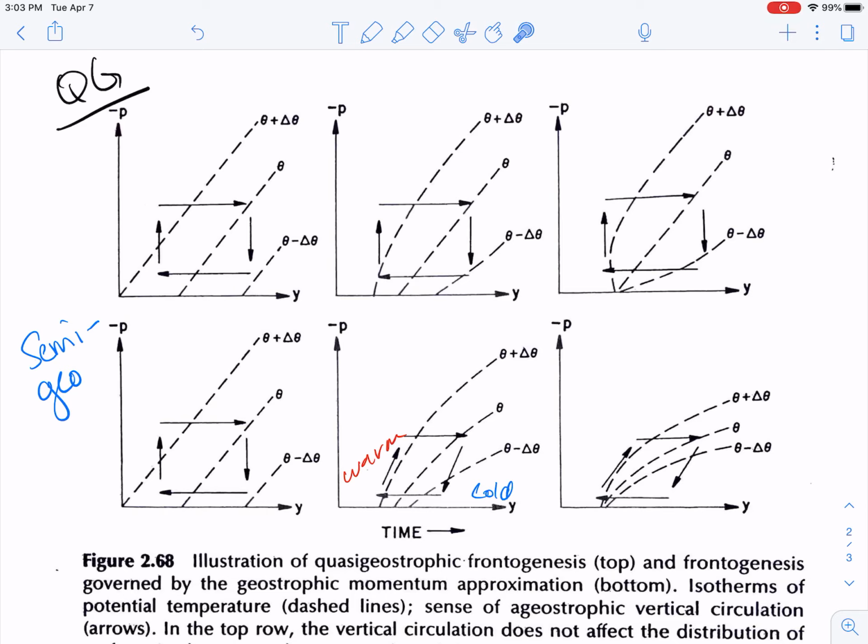Regions where these isentropes are closer together, and that everything tilts appropriately towards that cold air, and our circulation tilts as well. And so it turns out by adding in just those two pieces, the advection of the geostrophic wind by the ageostrophic wind, and the vertical advection of geostrophic momentum, we have now added the necessary pieces to more fully explain these secondary ageostrophic circulations related to fronts.